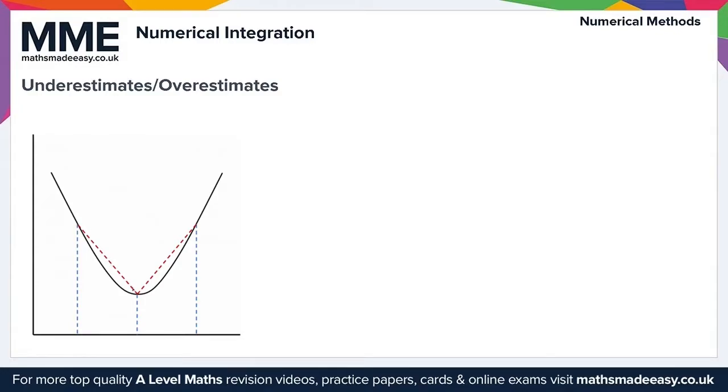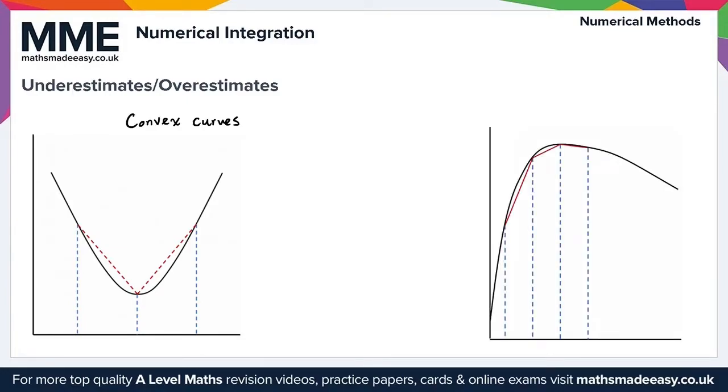So if the slanted side is above the curve here, which we can see by this red dotted line, that means this will be an overestimate. And remember this is for convex curves. And if the slanted side of the trapezium is below the curve, then the approximation for the area will be an underestimate. And this is the case for concave curves.